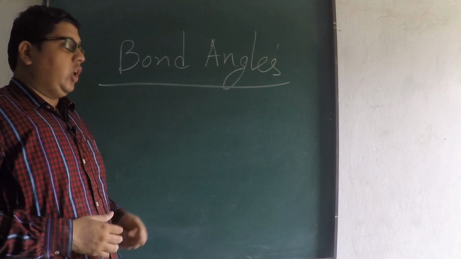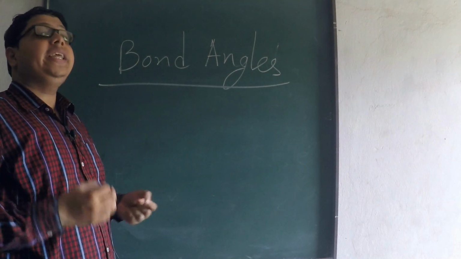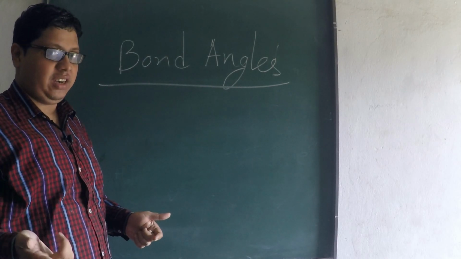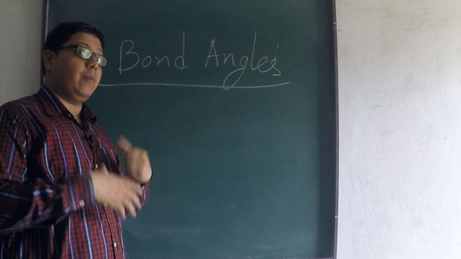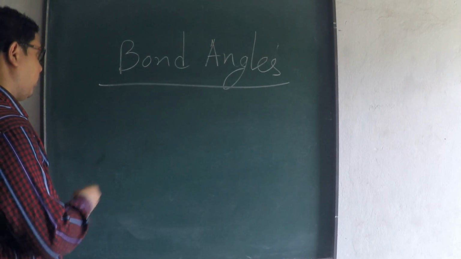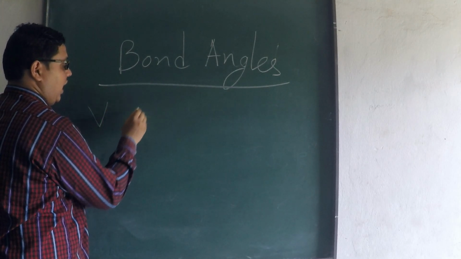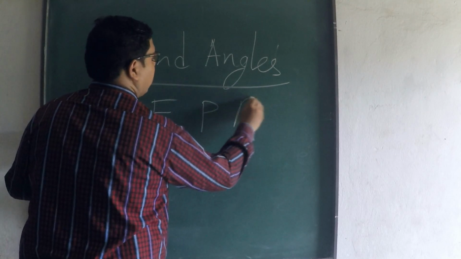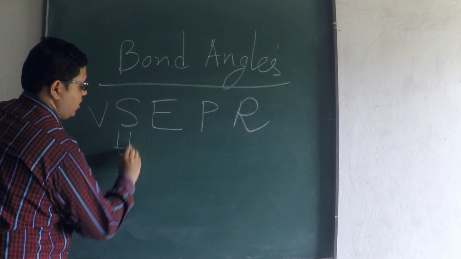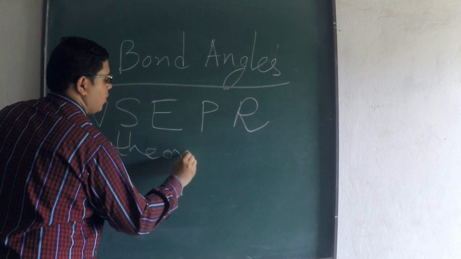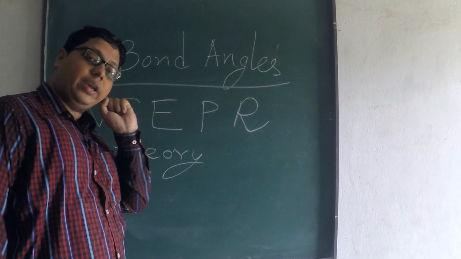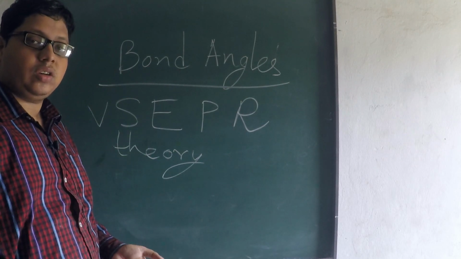As we are talking about the bond angles, we need to recall something that we learned in class 11. We learned the VSEPR theory. And we also learned how to find out hybridization, right?